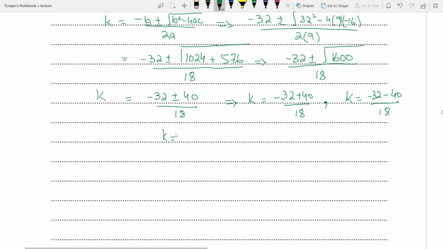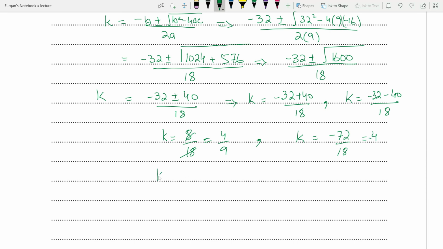In this case, we have 8 over 18, which is equal to 4 over 9. And on the other side, k is equal to negative 72 over 18, which is equal to negative 4.